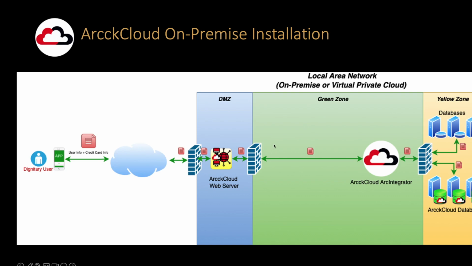The other advantage of using an ArcCloud on-premise installation is that the data being sent through the integration, which is coming mostly from the green zone, doesn't have to leave the local area network. So this increases the security of your data. It just travels in your internal local area network and in the yellow zone, where it is stored.